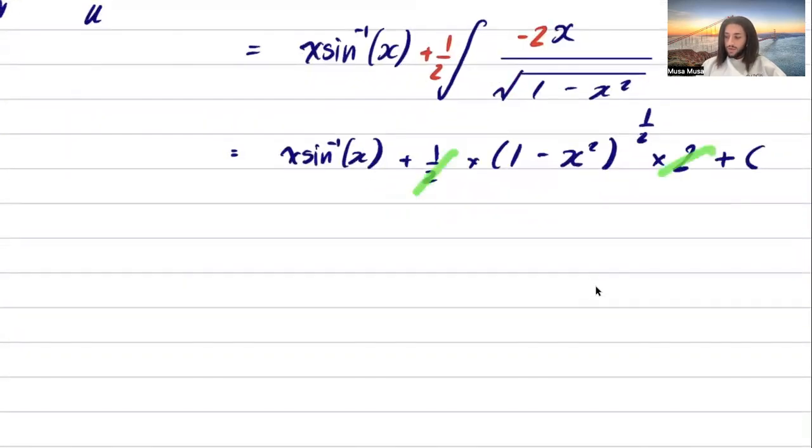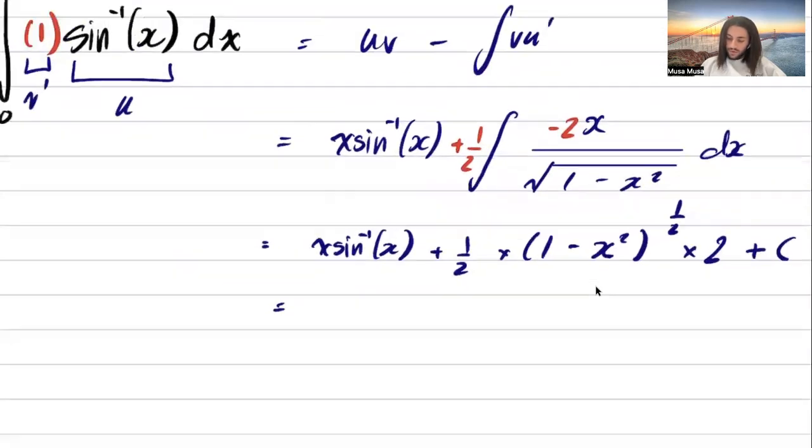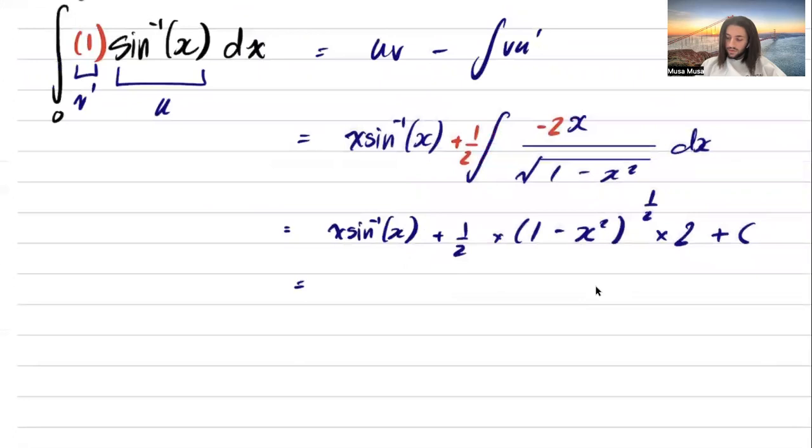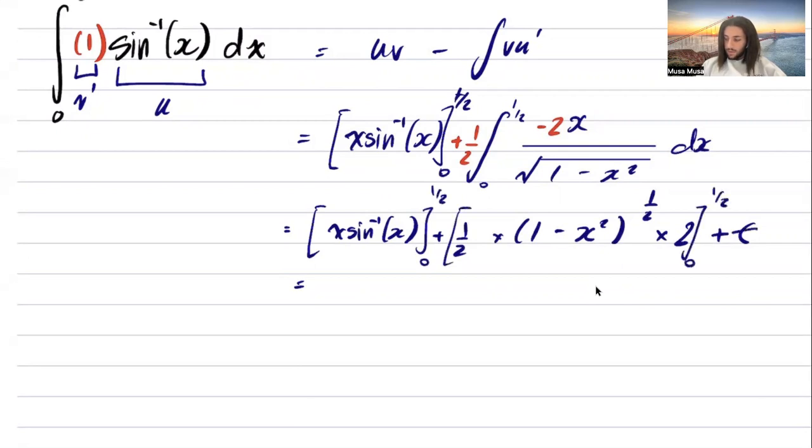Okay, that 2 and that thingy cancel, and or did I forget that this was a definite? So that should be like this: 0 to a half, 0 to a half. No need for that plus c, my bad.